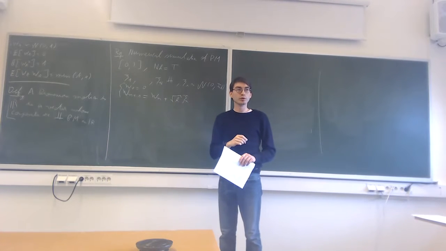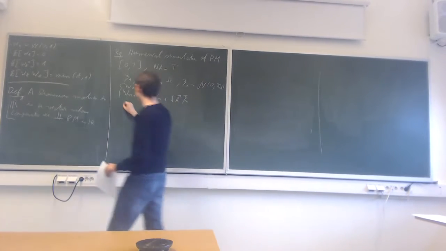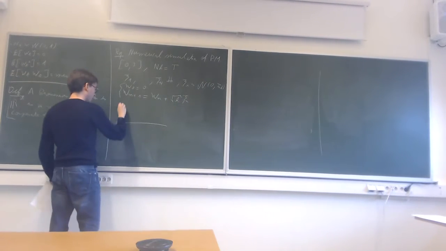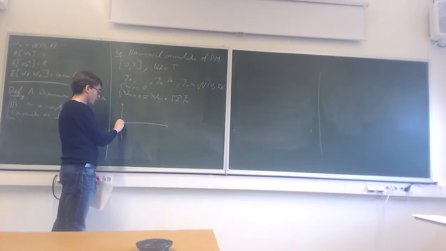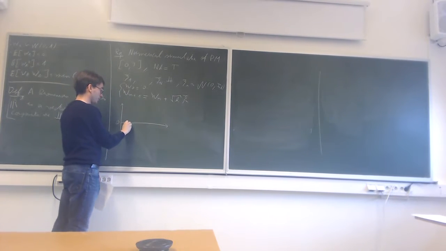So that's what I showed you at the beginning of the course. We begin at 0. We take a Gaussian and we make a jump, and another jump, another jump. It can be huge, it can be very small.